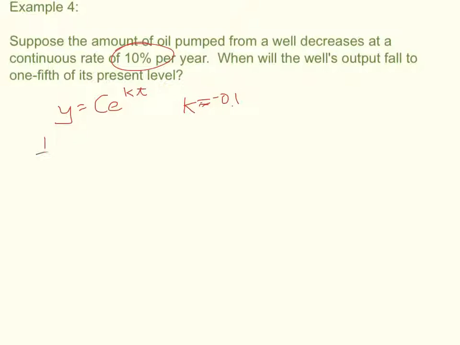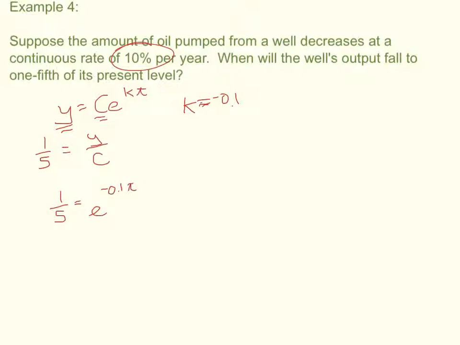What that 1/5 is telling us is that when I take the current amount and divide it by the initial amount, it will be equal to 1/5. So we don't have to worry about even finding C here. We can just go ahead and say that 1/5 will equal e to the negative 0.1 t.